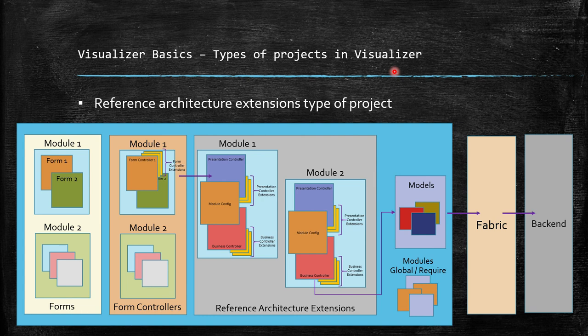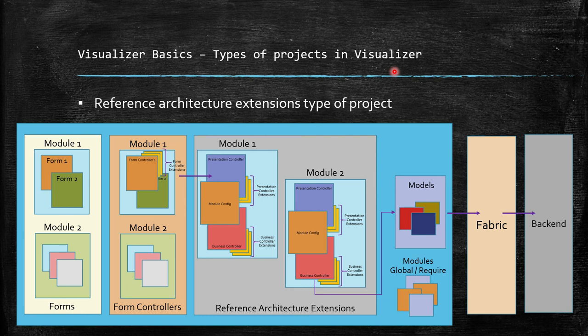So this is how you will be able to build an app as a product using this reference architecture extensions type of project, and various customers can use that app that you have built as a product and start customizing the functionality of the app as per their requirements without changing the base functionality by implementing the customizations as part of extensions and keeping the upgrade path alive so that they can upgrade the customized app to the new versions of the base app that you release without having to put a lot of effort.